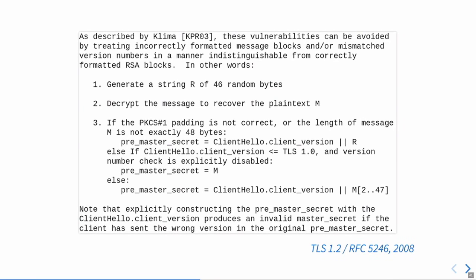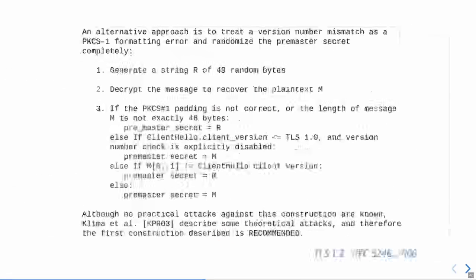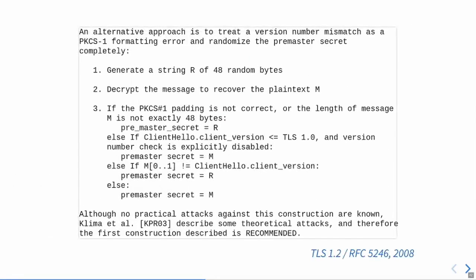And then it describes an algorithm with 3 steps here. Apparently in step 3, there's also a variation where it could do several different things. Then it goes on, it proposes another algorithm, which you could also use. The difference between the two is how you would actually handle a wrong version number.